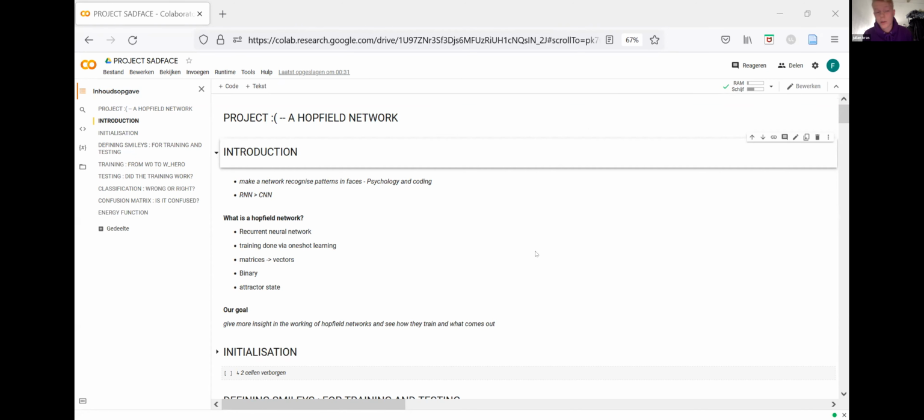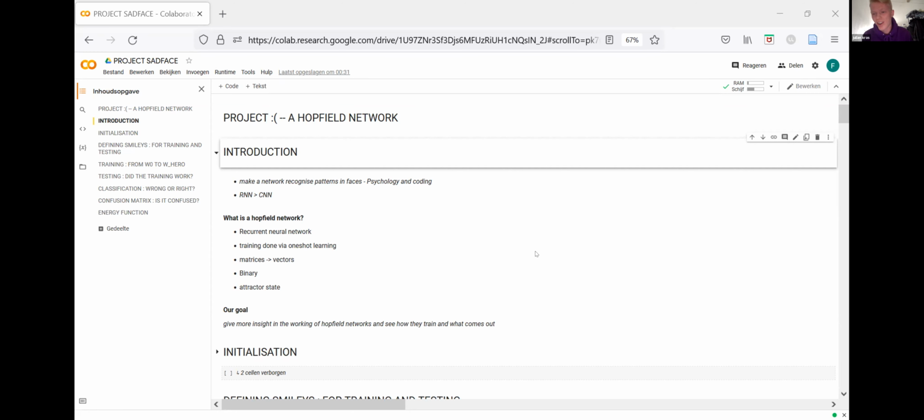Important for our project is the fact that we work with one-shot learning, meaning the smileys are presented only once, and there is no need for training it over and over again with the same input. This training leads to an attractor state in our network, which means that the network will go towards the pattern that we trained it with.